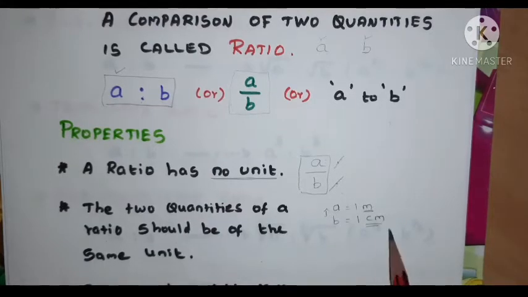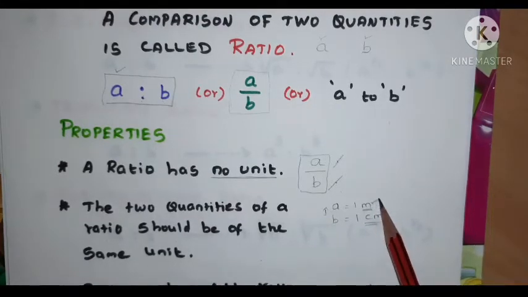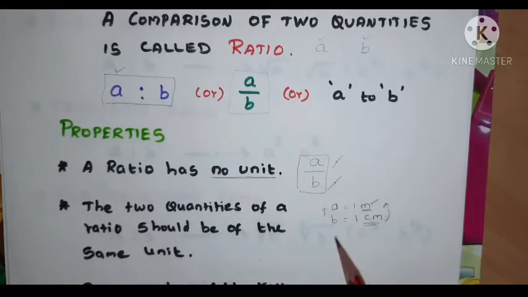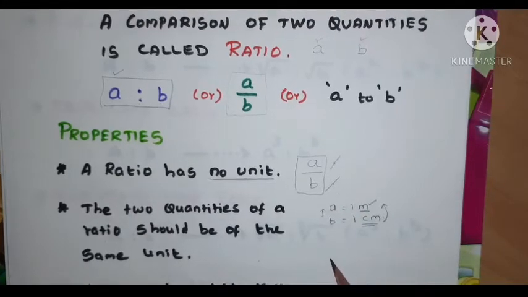So now we have to either change the meter to centimeter or centimeter to meter. Only that way can we express the ratio called A by B.